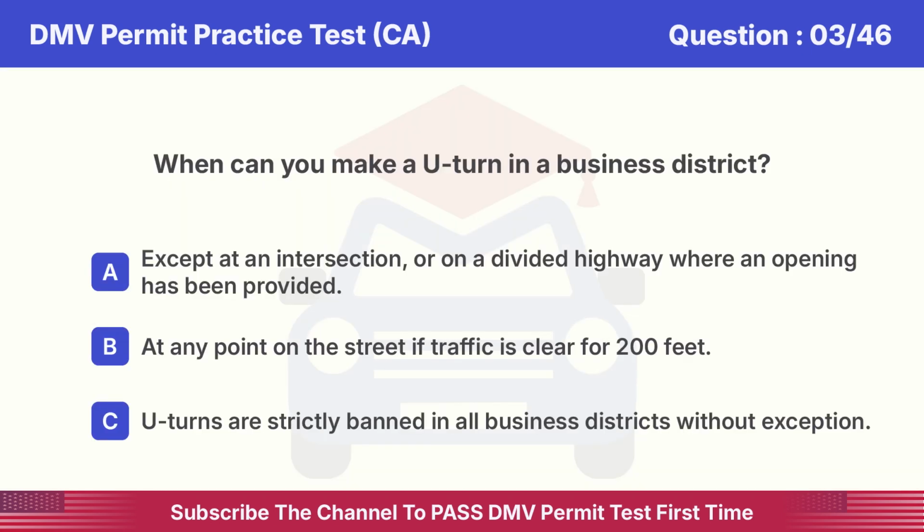Question 3. When can you make a U-turn in a business district? Option A, except at an intersection or on a divided highway where an opening has been provided. B, at any point on the street if traffic is clear for 200 feet. C, U-turns are strictly banned in all business districts without exception.